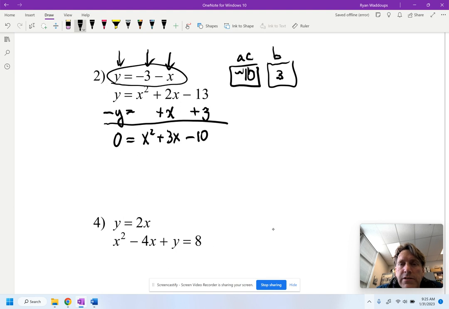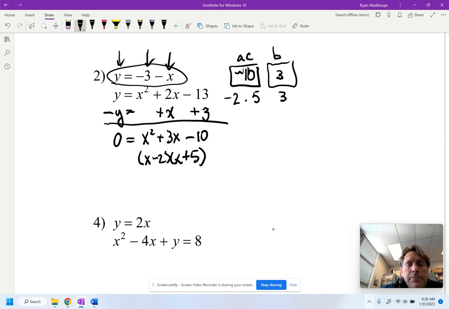And so I'm looking for two numbers that multiply to negative 10 and that add to 3. And I'm thinking 2 times 5 is 10. Where do I put the negative? I put the negative on the 2 so that when I add those, I get a positive 3. And those are the numbers we're looking for. So we've got x minus 2 times x plus 5.